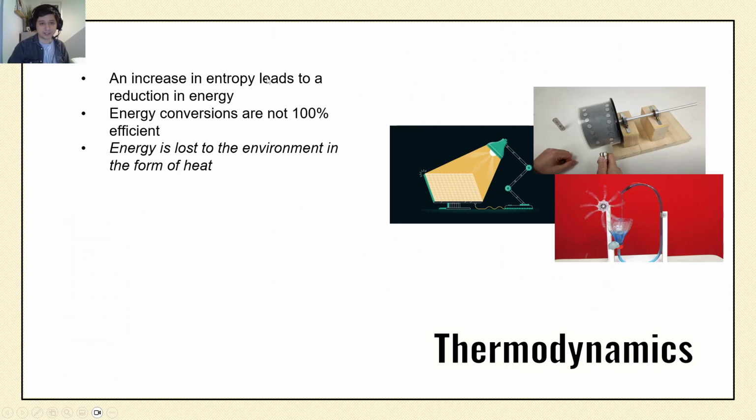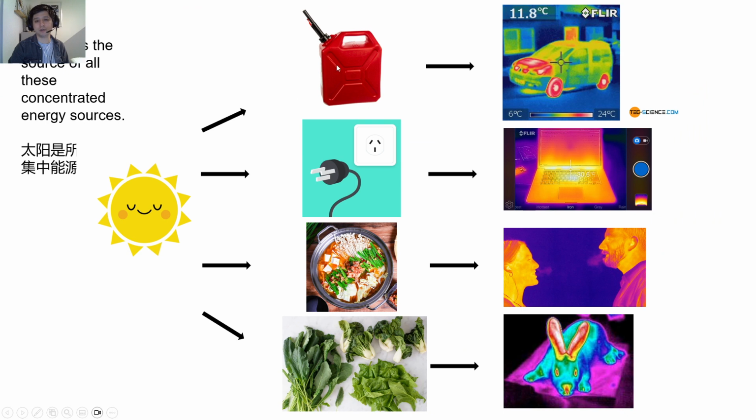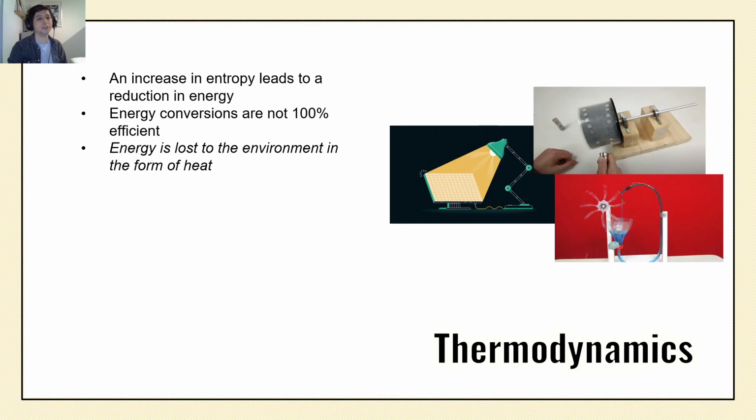An increase in entropy leads to a reduction in energy. So as we go from this to this, we lose energy as a result. So each step along the food chain, each successive step, we're losing energy along the way. And that's very important to understand.